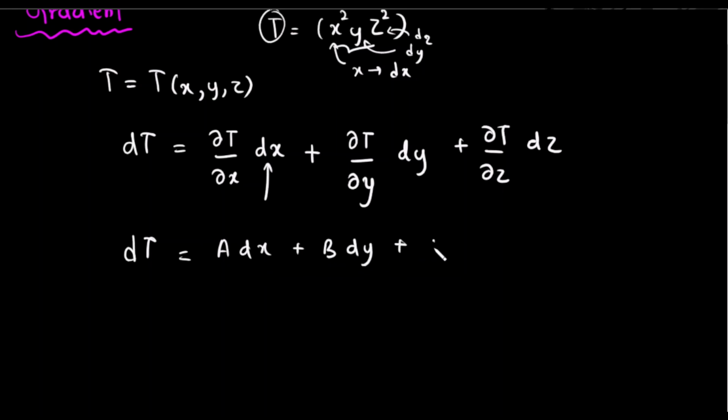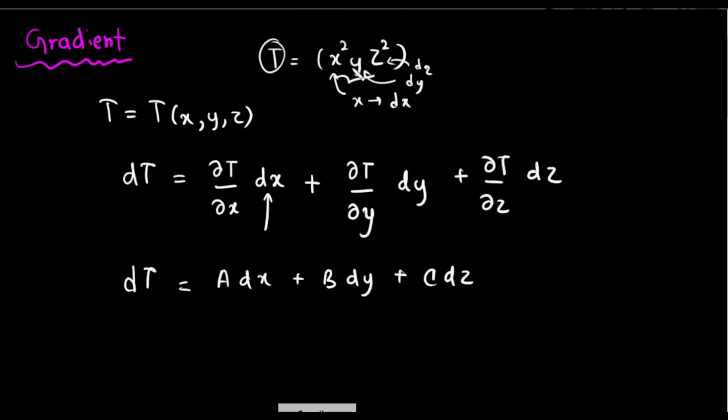When we have infinitesimal changes of x, y and z, these infinitesimal changes should be added to find the infinitesimal change of t. That's why we are adding this.